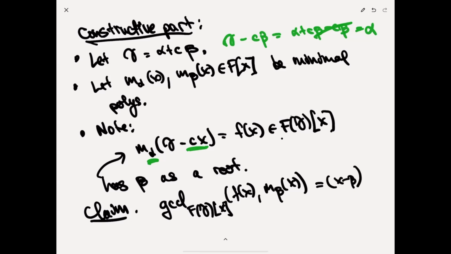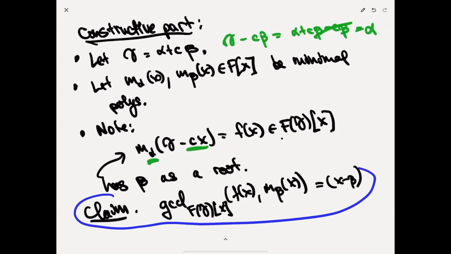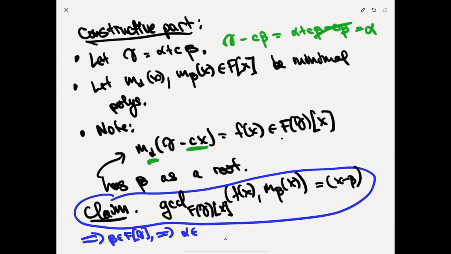Okay, what does this claim do for us? This claim proves that beta is in F(gamma), since we did the factorization over F(gamma), which implies that alpha is in F(gamma), which implies that F(gamma), this is the second proof, is equal to F(alpha, beta).